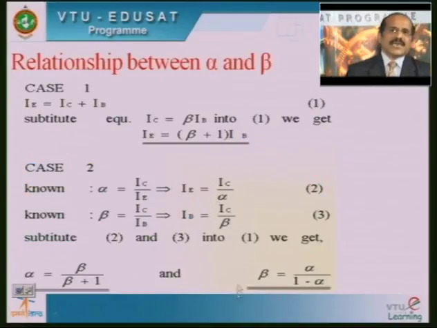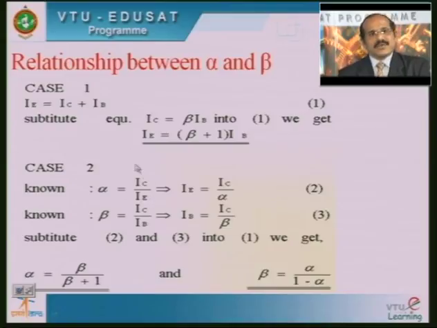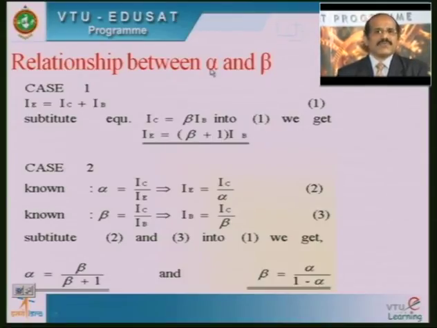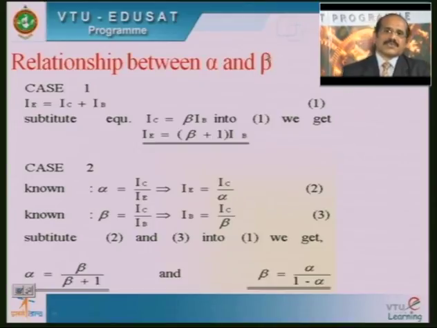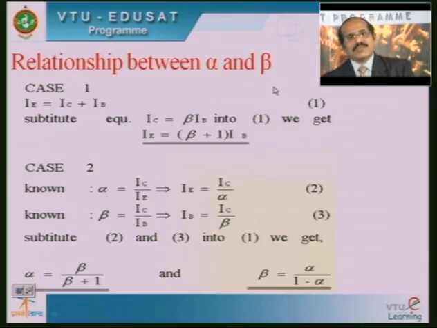Now let us derive the relationship between the common base current gain, that is alpha, also called alpha DC, and beta, that is called the common emitter DC current gain. So you know that the emitter current is nothing but the sum of the collector current and the base current.